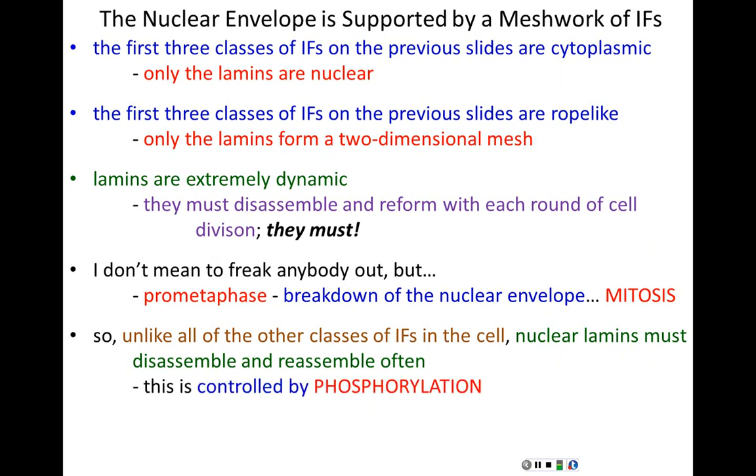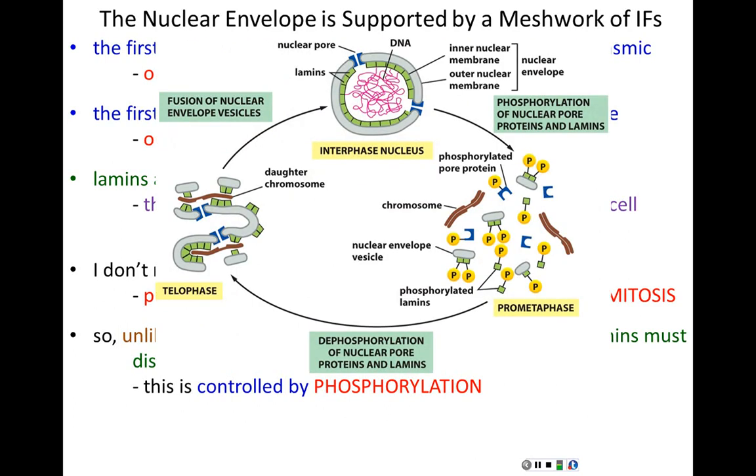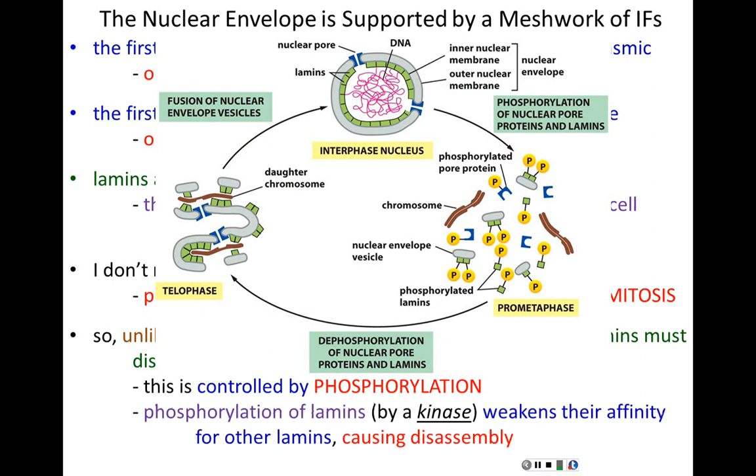So how is this dynamic nature of the lamins controlled? Well, it's controlled in a way that is not foreign to us, phosphorylation. There are kinases which specifically phosphorylate the lamins, and there are phosphatases for lamin dephosphorylation. More specifically, when we phosphorylate lamins using a kinase, we weaken their affinity for other lamins.